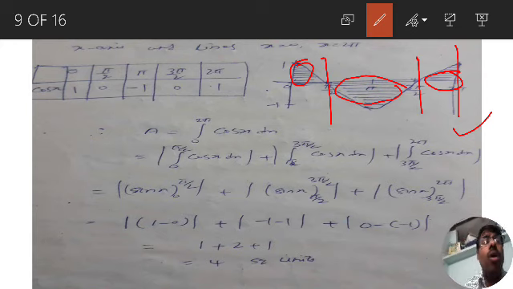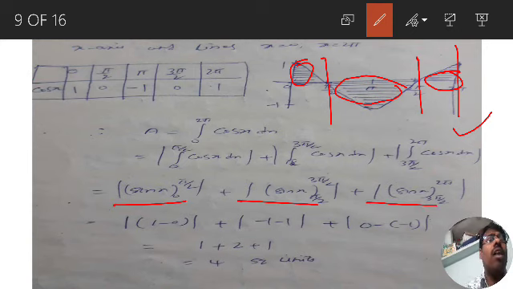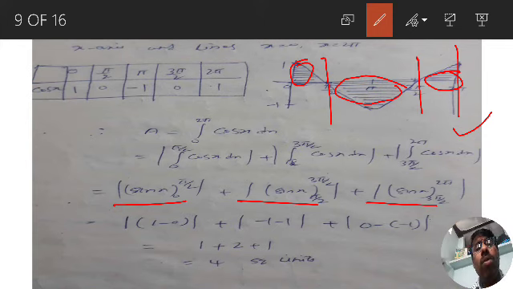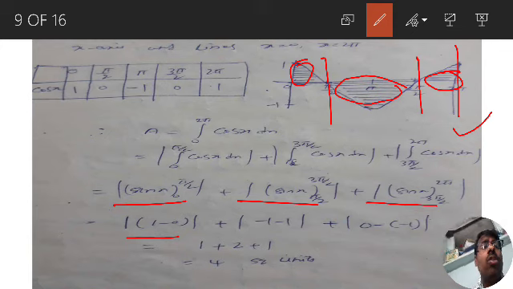Are you getting? Now after doing integration, what to do? Upper limit minus lower limit. Sin pi by 2 is 1 and sin 0 is 0, so 1 minus 0. Then sin 3 pi by 2 minus sin pi by 2: sin 3 pi by 2 is minus 1, minus sin pi by 2 which is 1.